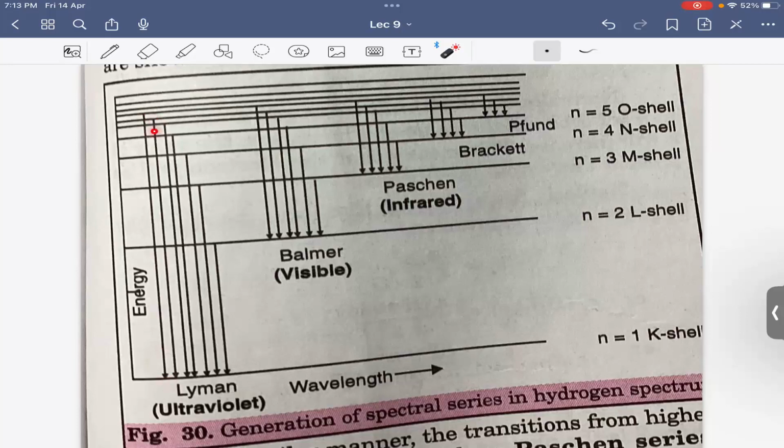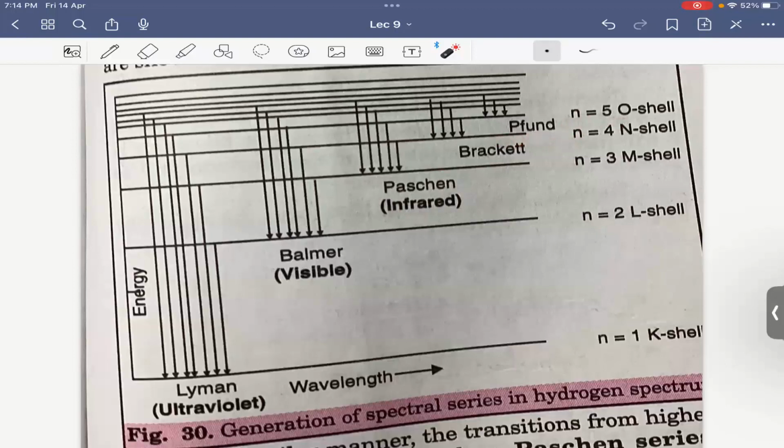In such cases we call this a Lyman series. When it goes to n equal to 2, it's a Balmer series. Similarly, when it falls from any energy state directly to n equal to 3, we call it the Paschen series. When n is equal to 4, it's Brackett, and when n is equal to 5, it's Pfund.